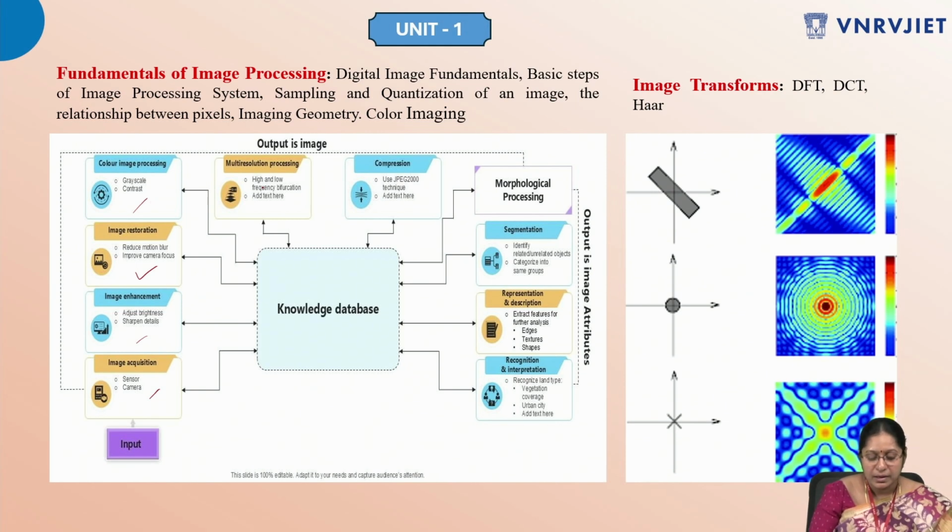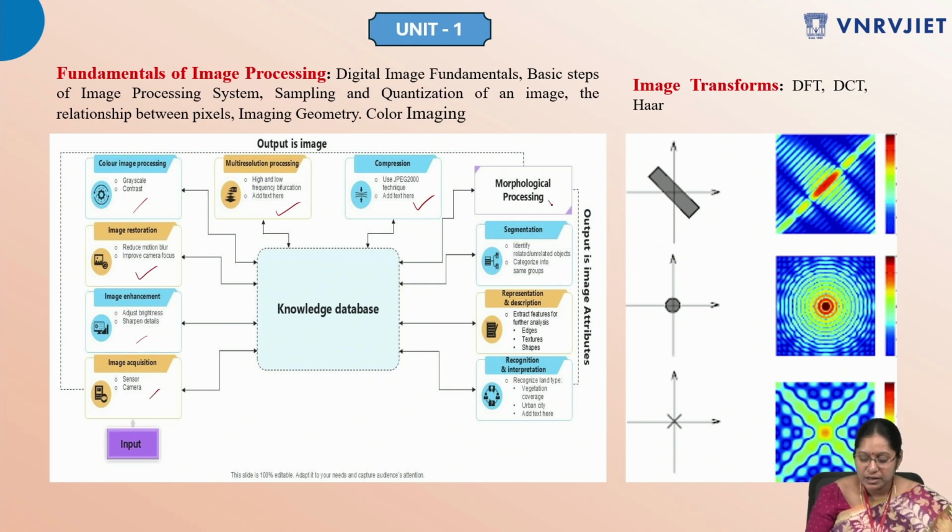And next, multi-resolution processing. Low and high frequency for blurring, and add text here. Next, compression of the images using JPEG 2000 techniques. And next, add text here. Here, each and every field has the text adding option.